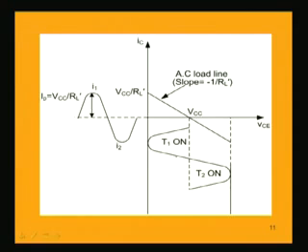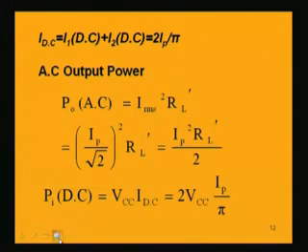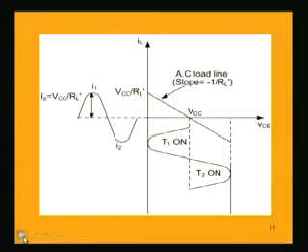And if we now find out the DC current which is flowing, be careful about this point: we have a sinusoidal waveform with two halves, one is I1 and the other is I2.